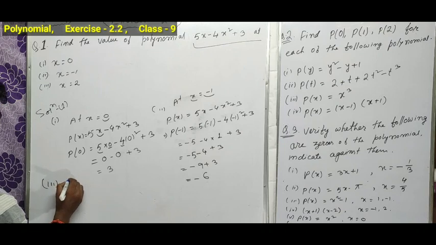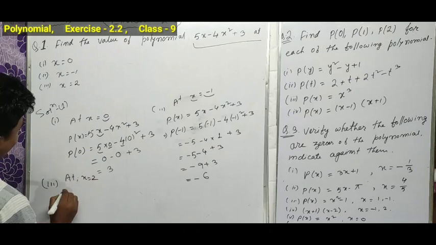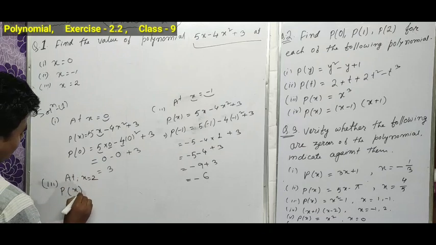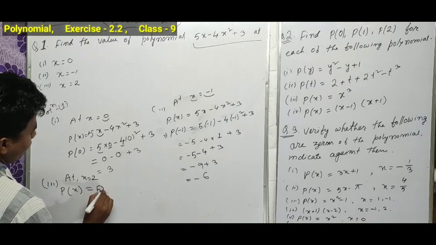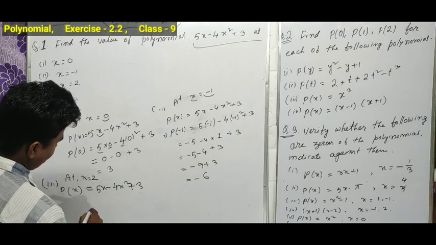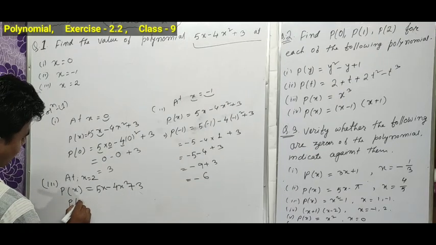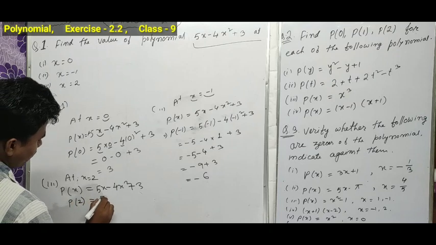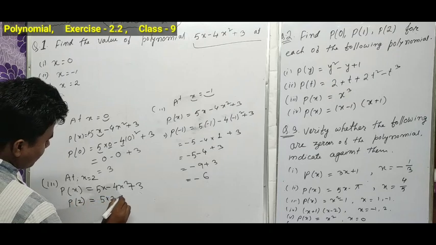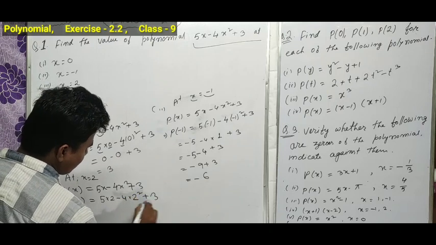What is it at x equal to 2? At x equal to 2, we write p(x) equals 5x minus 4x square plus 3. In place of x we put 2, so it is 5 into 2 minus 4 into 2 square plus 3.